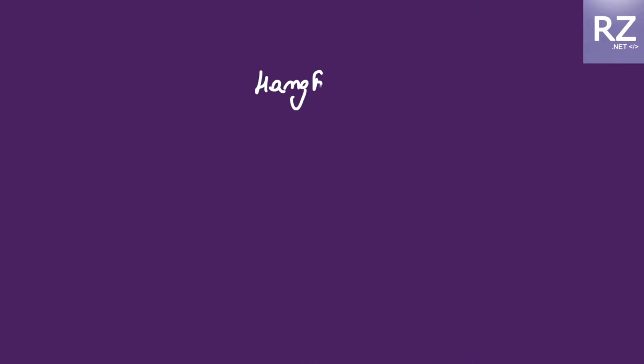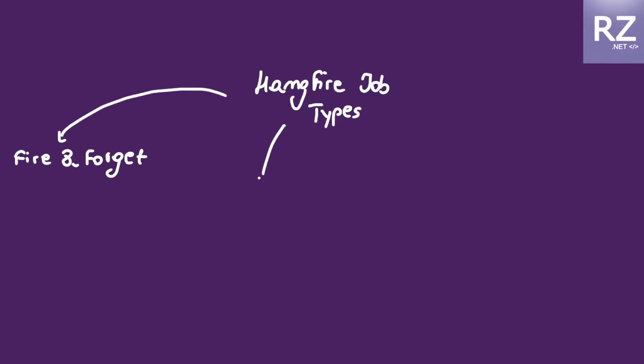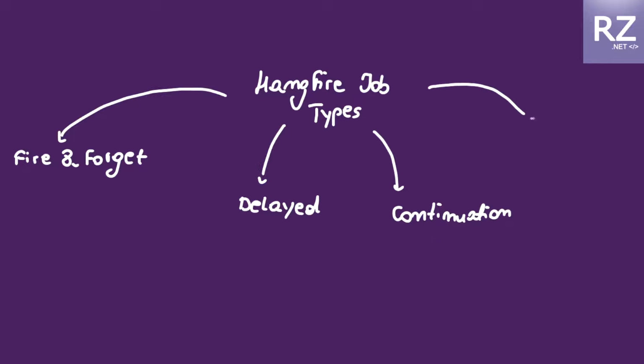There are 4 main types of jobs being used in Hangfire. The first one is the fire and forget job. The second one is the delayed job. The third one is the continuation job. And the last one is the recurring job. The recurring job executes over and over based on the specific cron schedule that is configured.